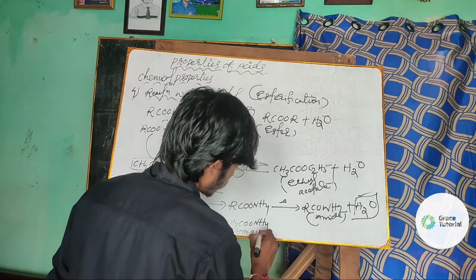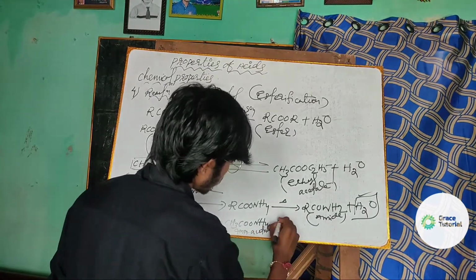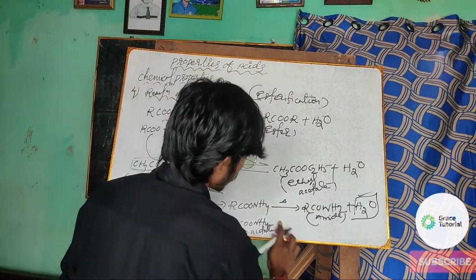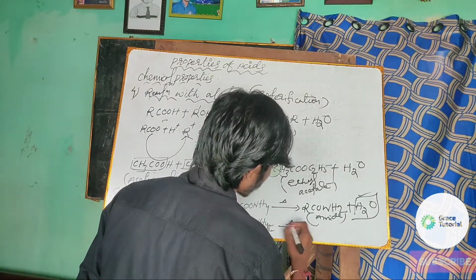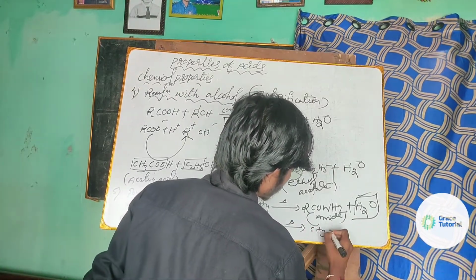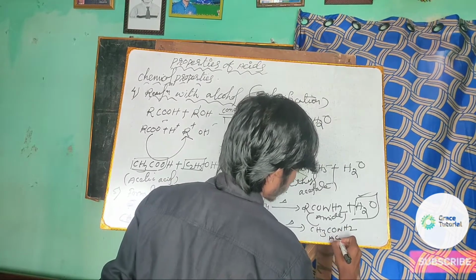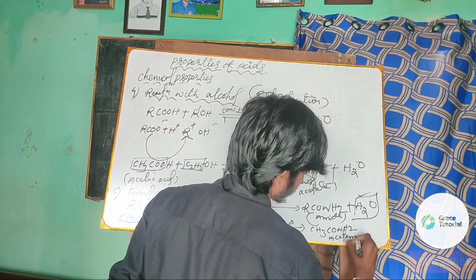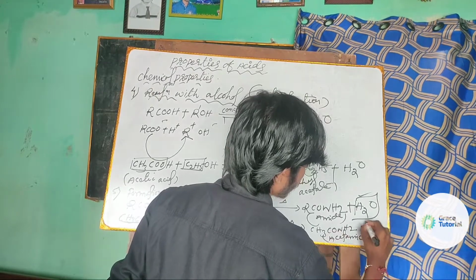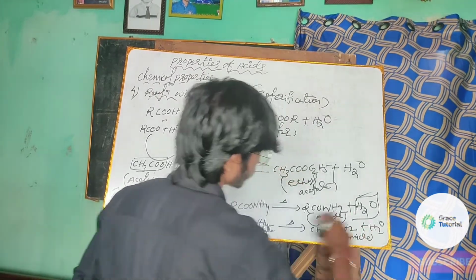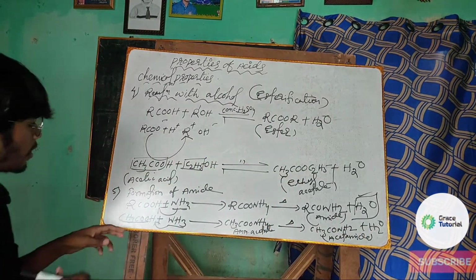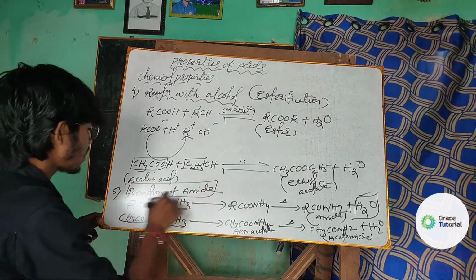Ammonium acetate is obtained, and on further heating, it gives CH3CONH2, that is acetamide, with a water molecule. In this way, amide formation takes place in a very easy manner.